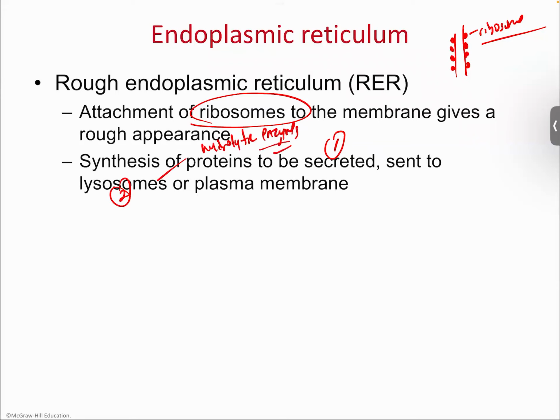Basically, the lysosome is part of this endomembrane system pathway. That's how you actually produce your lysosomes. Okay. And then the third one are plasma membrane proteins. So these are basically membrane proteins that are embedded in the plasma membrane.